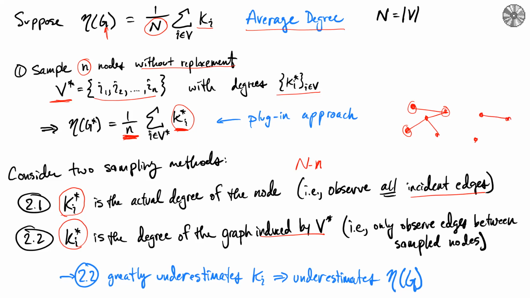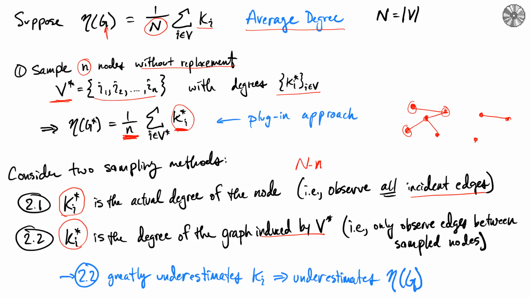It will only contain one edge because these other two nodes here and here are not actually in the sample. So necessarily the degree of the induced graph is going to be smaller, which is going to push our estimate of average degree to be much smaller than it actually is.